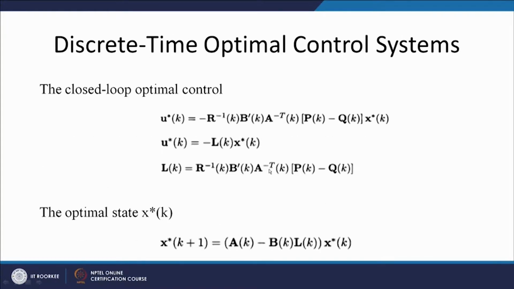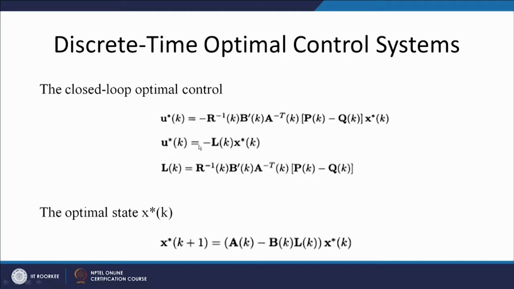The u value is minus R inverse B prime A inverse transpose, which we write as A to the power minus t, that is, the inverse of the A transpose, multiplied with Pk minus Qk into xk, where R inverse B prime A inverse transpose Pk minus Qk we define as my L.